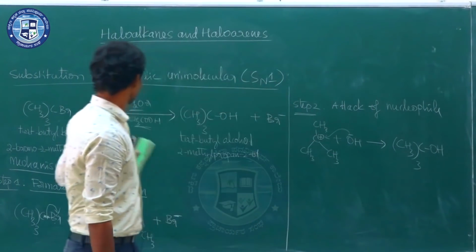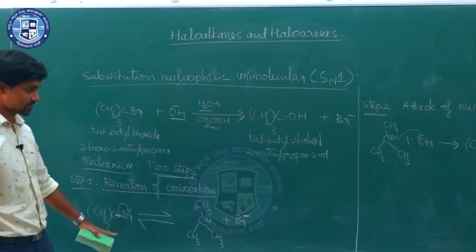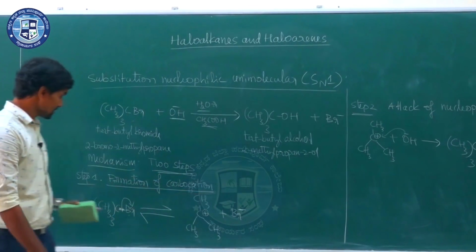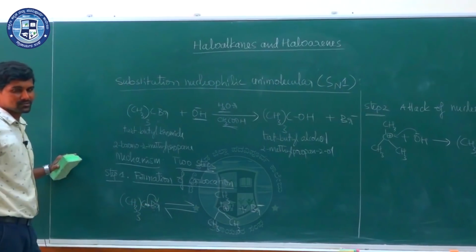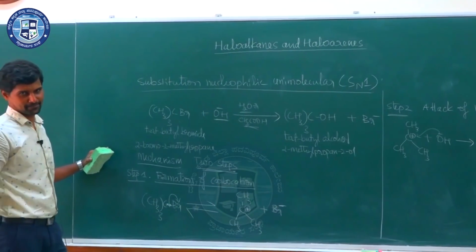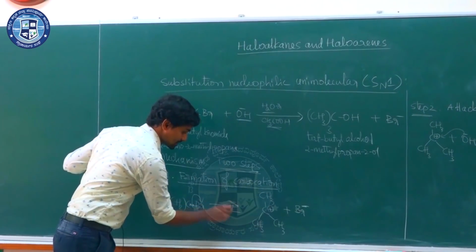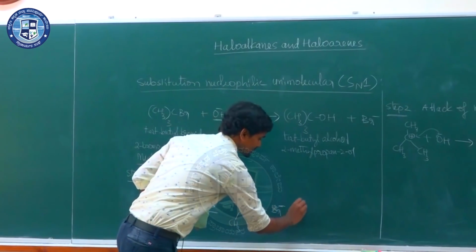And this is how the SN1 mechanism takes place in two steps. First step, formation of carbocation. In the first step there is a breaking of the carbon bromine bond. To break the bond you need energy. So that is the reason this step is reversible in nature. Also this step is slow.